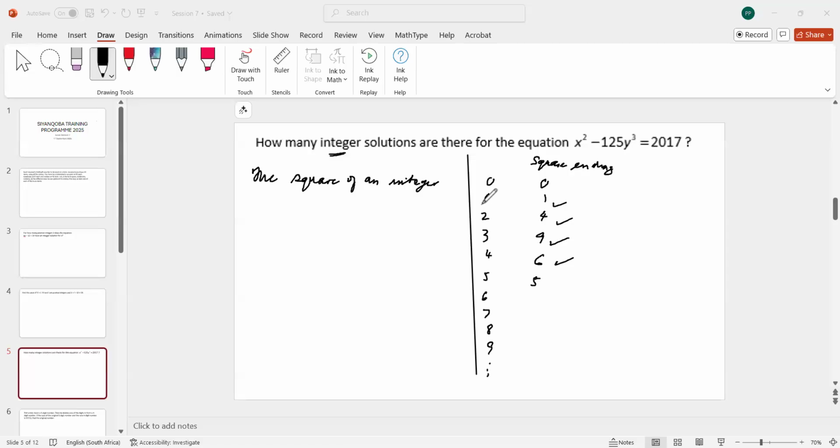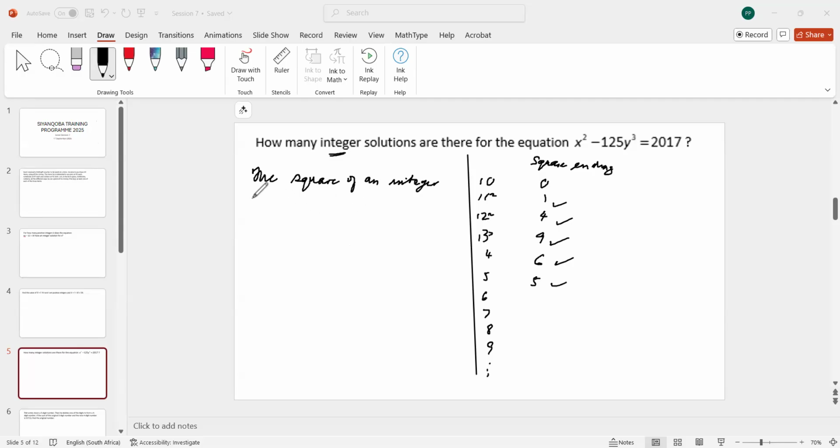All the other numbers, like 10, 11, 12, 13, and so on, will have the same endings. 11 times 11 ends in 1, 12 times 12 ends in 4, because you only bother about the last digit to find out what these numbers end in. So if you take any square number, they can only end in those few numbers.